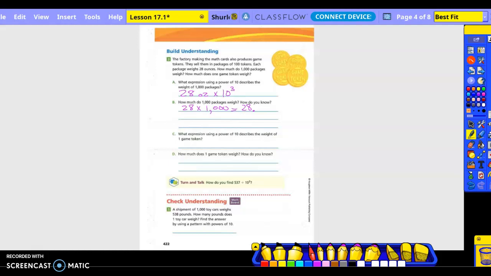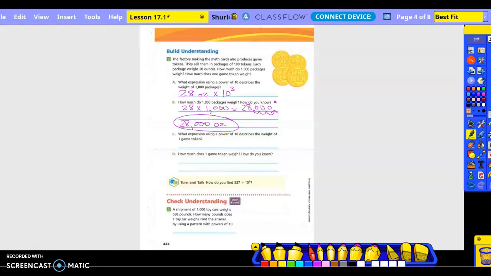But in this case, we're going to the right. 1, 2, 3 places. And what do I put in there to hold my spot? 0. So now my decimal is over here, right? So my answer is 28,000 what? Ounces.